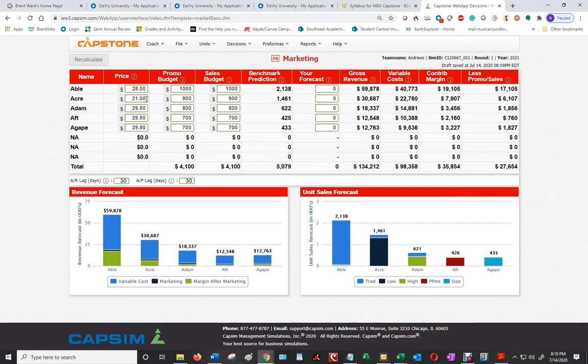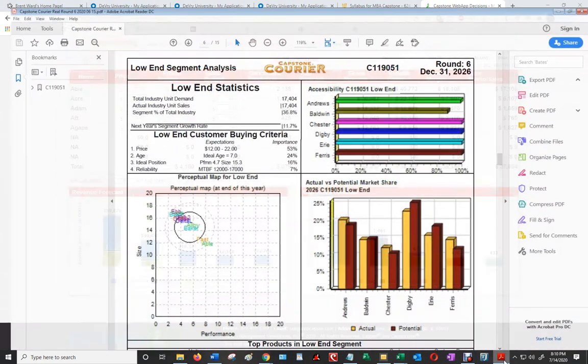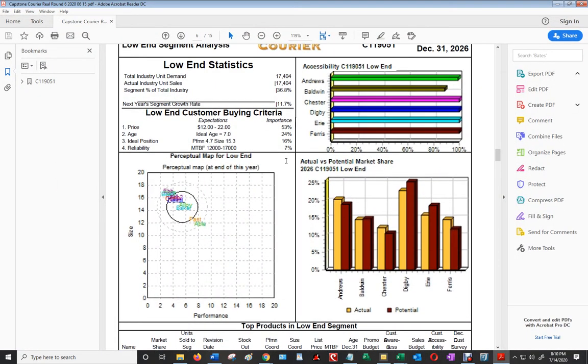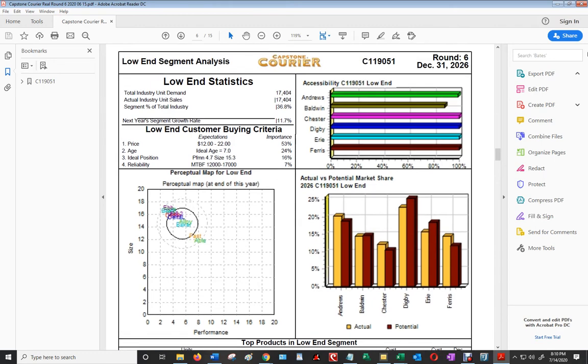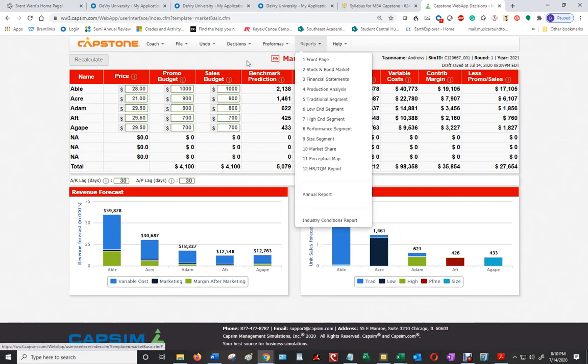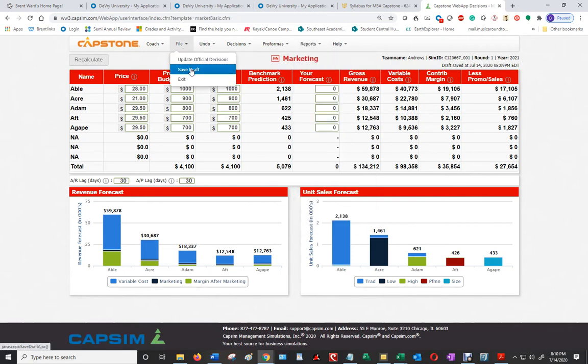Now, for Acre, let's see what the expectations are from the Capstone Courier. When I go to the low tech segment, let me see. I need to go to reports here, file, I'm going to save this draft.